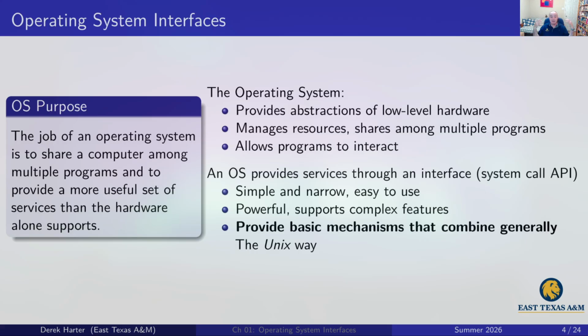A typical computing system has lots of resources, like memory, files on a hard drive, and other devices, that need to be shared among multiple programs. Fundamentally, modern operating systems are multi-process systems. They allow multiple applications to run in parallel, and they need a way to share and manage those resources. That's one of the primary responsibilities of the operating system. Operating systems usually provide mechanisms to allow programs to interact, either indirectly or directly.